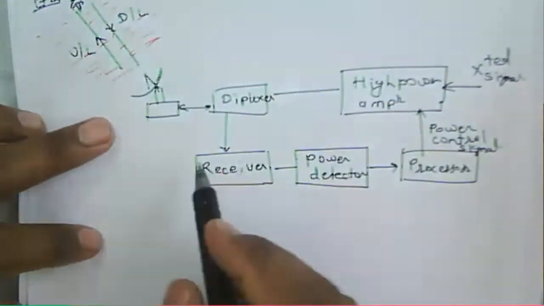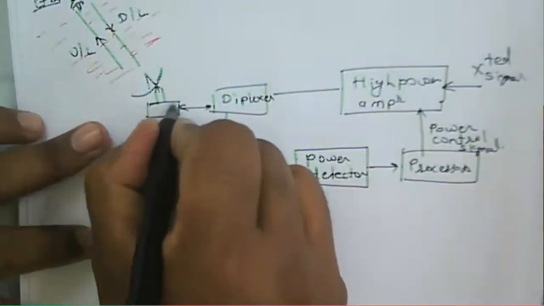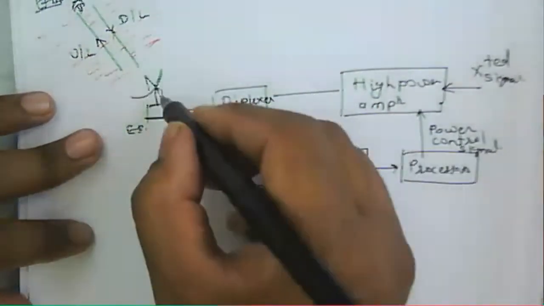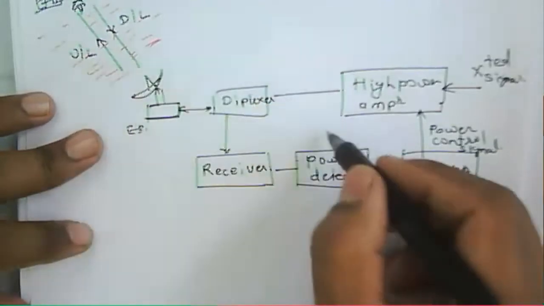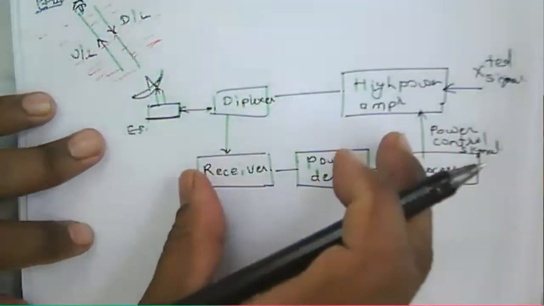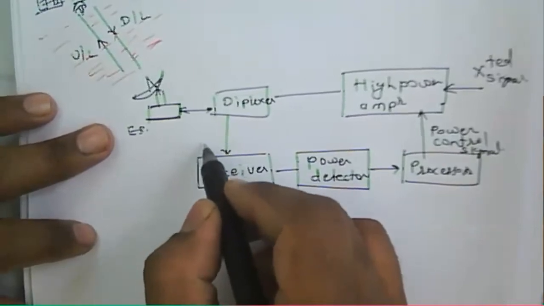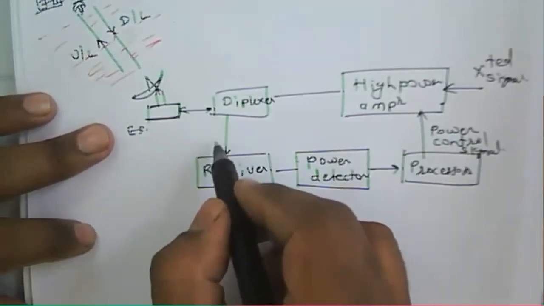So we can use a different transmitting antenna for the earth station, and we can increase the transmitted power from the earth station.